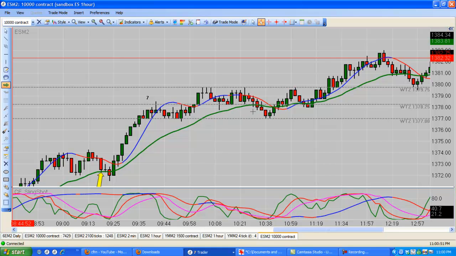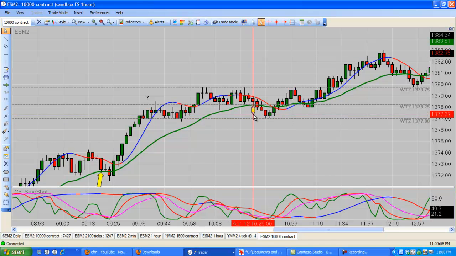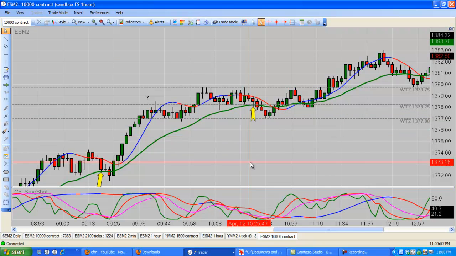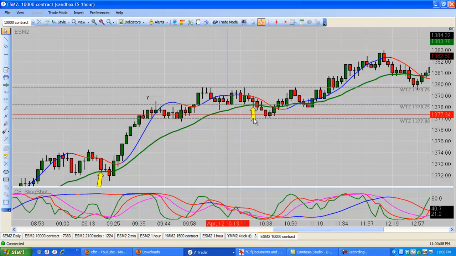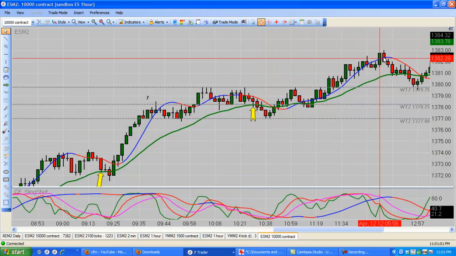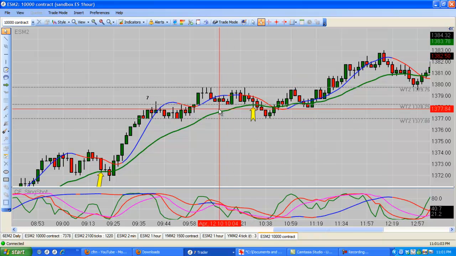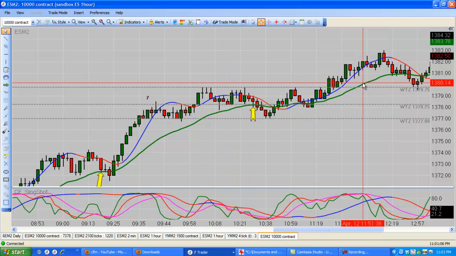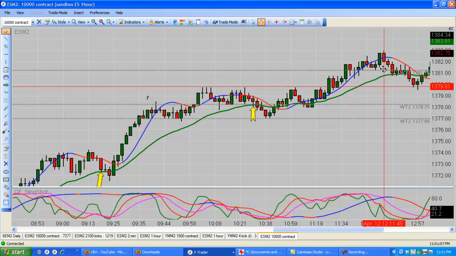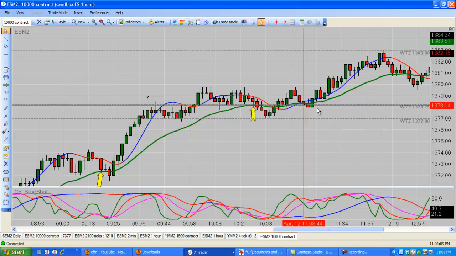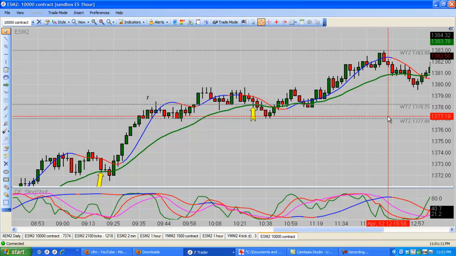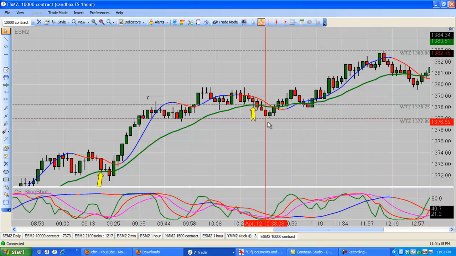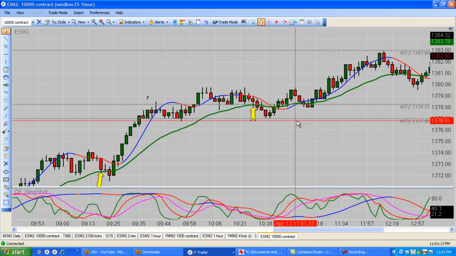Let's just call it here. It's going to be the same price either way. Potentially you could have got a little better price there, but let's say you got a worse price. That seems fair. Alright. So you had a little drawdown. 1.25 of drawdown.